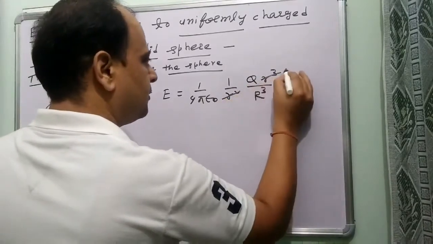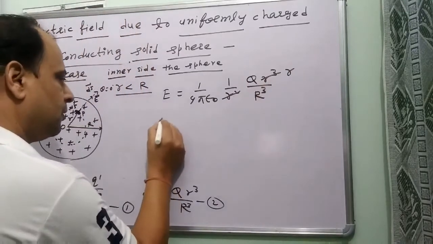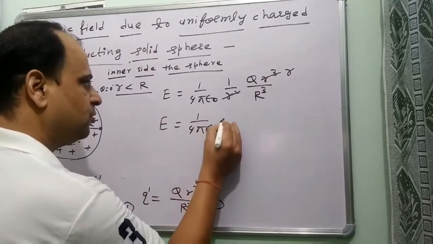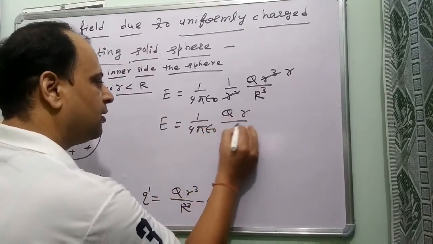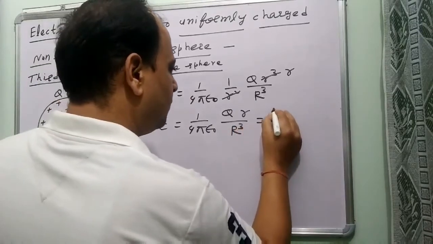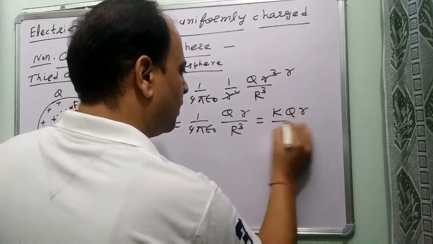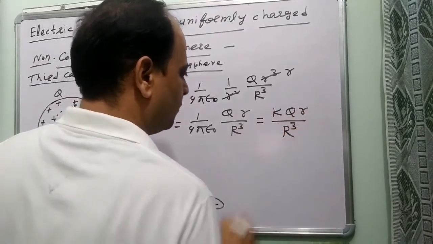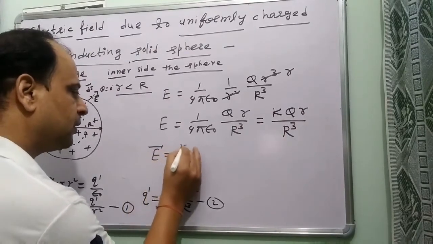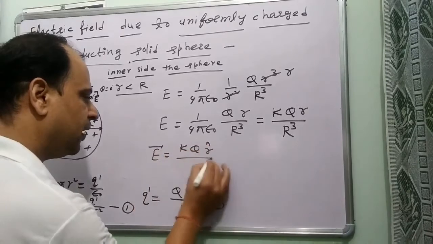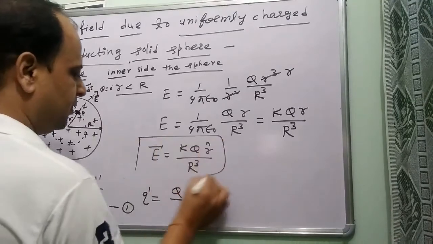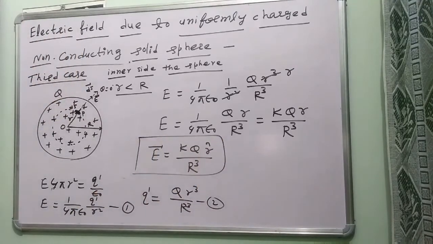Then E equals 1 upon 4 pi epsilon 0 Q r upon R cube. Now k Q r upon R cube. Vector form: k Q r cap upon R cube. This is the vector form of the formula, inside the solid sphere.